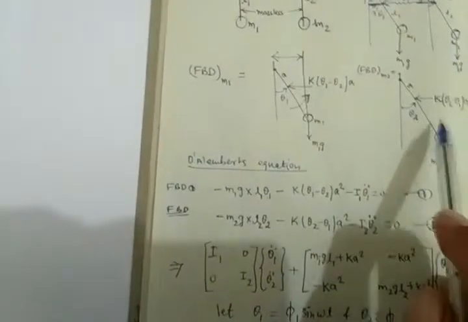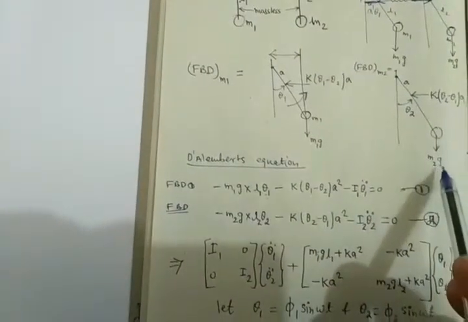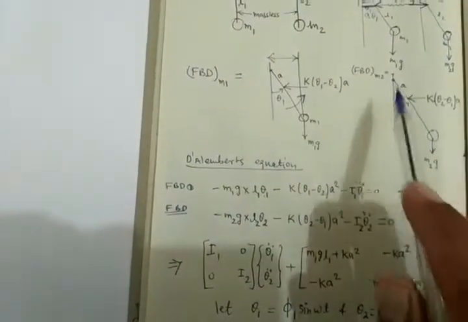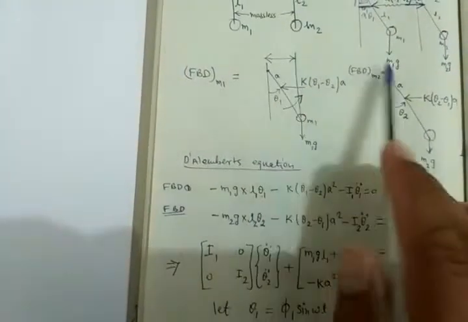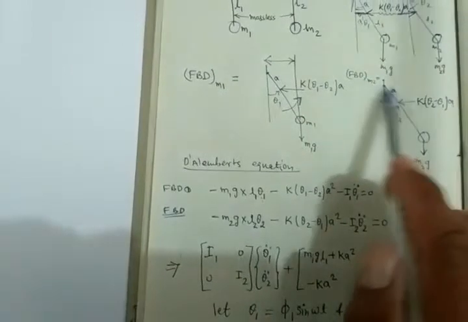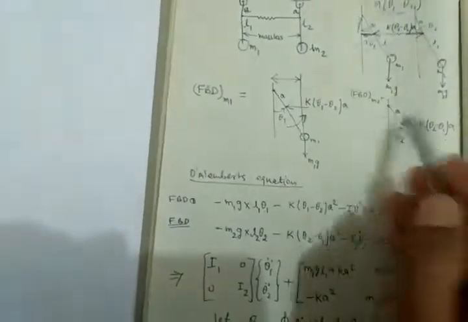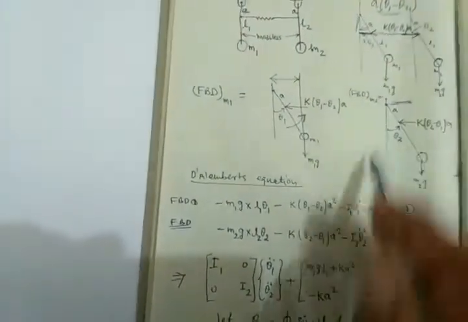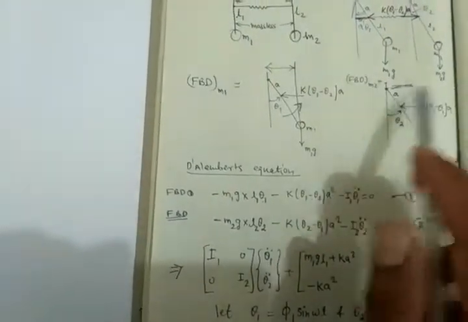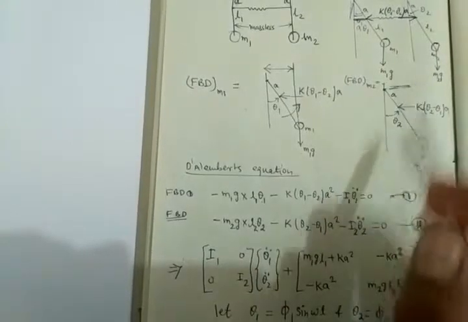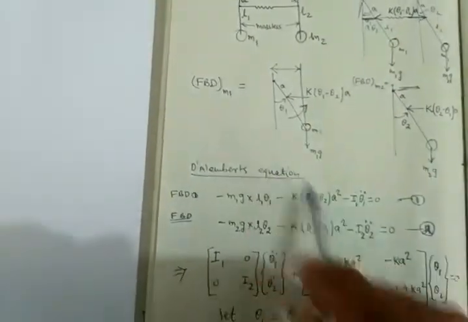Similarly, for this free body diagram, torque due to this force, that is m2g into this distance, this one, as I have taken here this distance. So similarly here also distance will be this one. So this distance is L theta 2. Actually this will be L sin theta 2. So sin theta I am writing as theta.